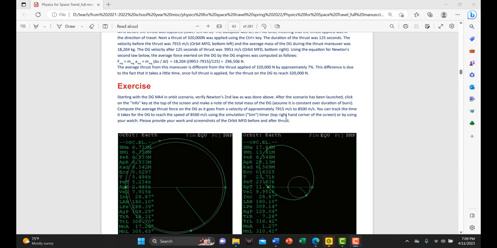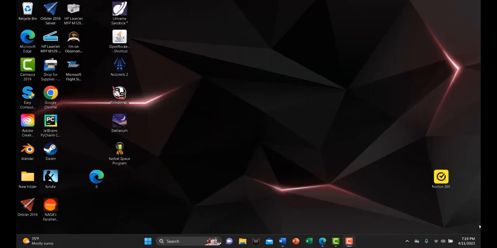Okay, and you'll use the quote-unquote SIM timer, top right-hand corner of the screen, to look at the time difference between when you started and when you ended up at 8,500. You'll plug all those numbers into this equation, and it should come out pretty close to 300,000 or something like that. Okay, so give that a go.